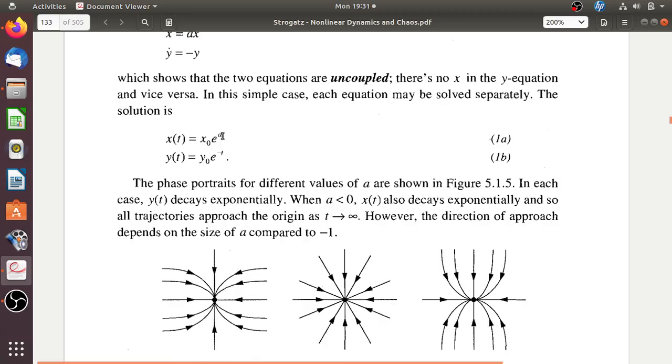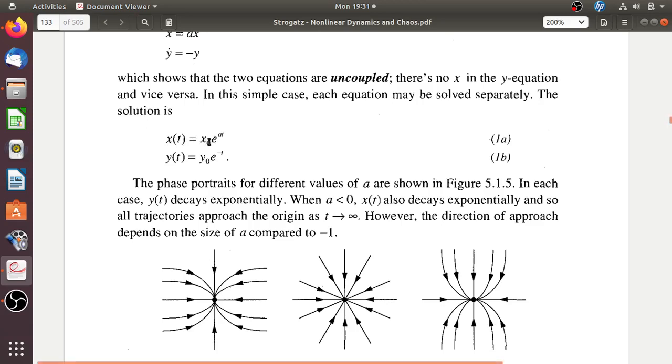Now what if A is positive? Then what's happening to x? Instead of diminishing, it starts increasing, which means it starts going away from 0.